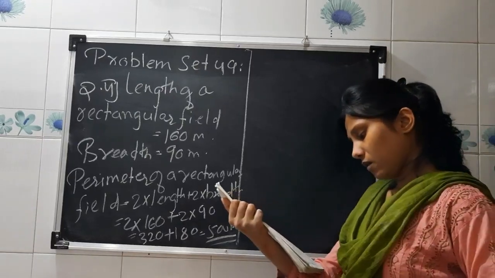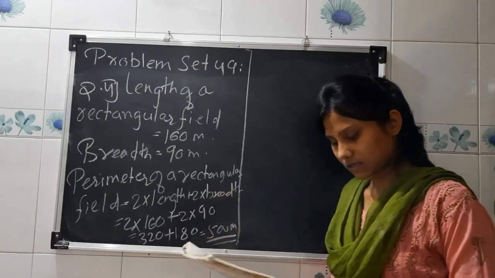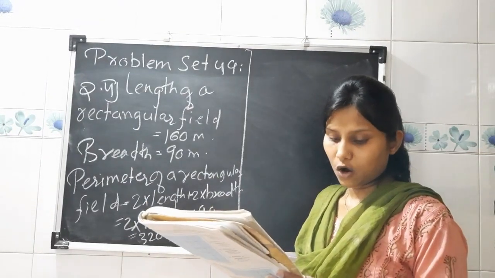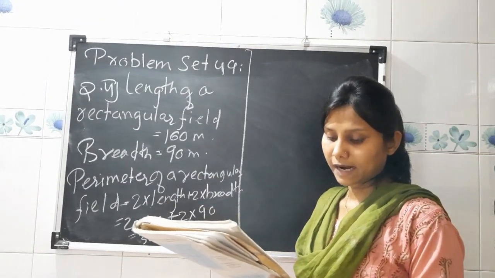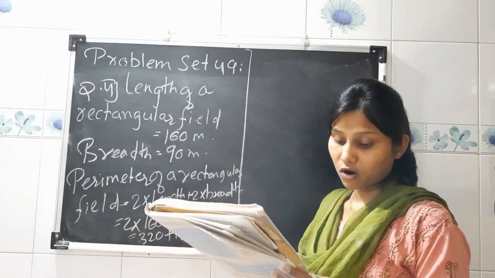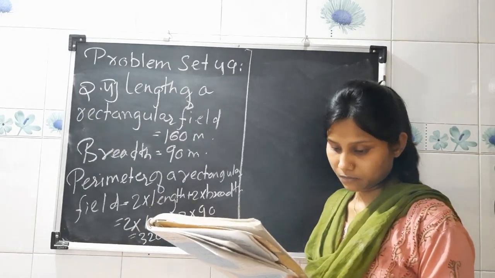Now what they have asked, if we take 4 rounds around a field of 160 meter long and 90 meter wide, then what is the distance we walk in kilometers?